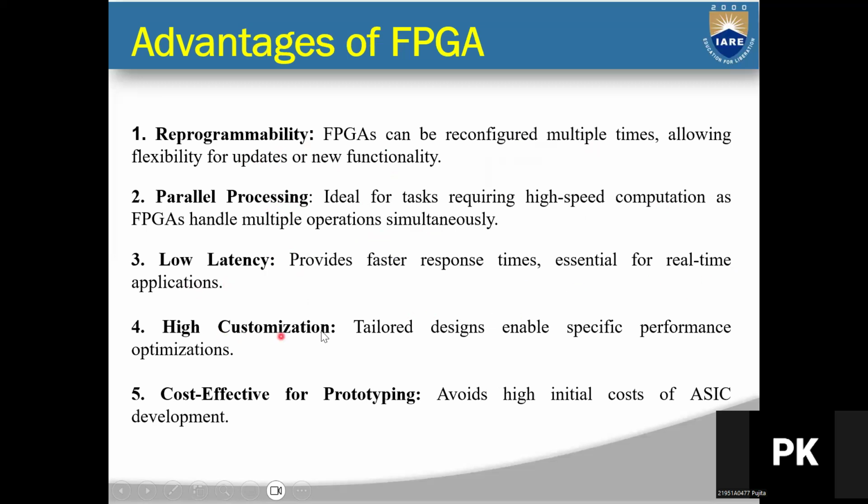High customization: tailored design enables specific performance optimization. Last advantage is cost effectiveness for prototypes, avoiding the high initial cost of ASIC development. So these are the reasons that we understood in this slide.